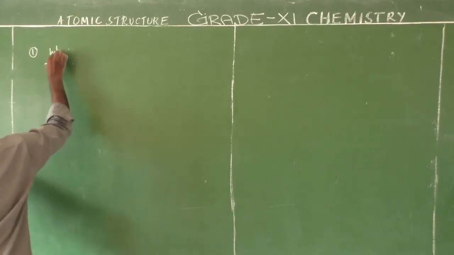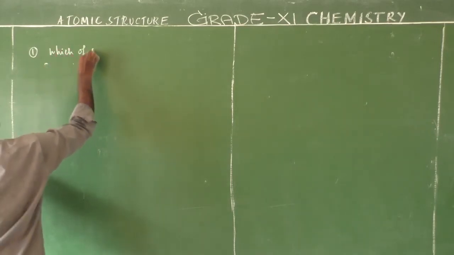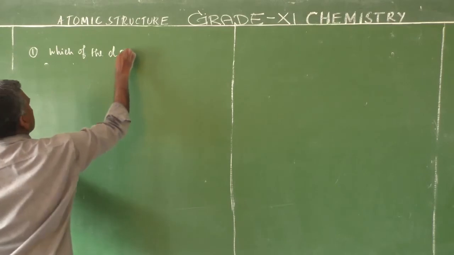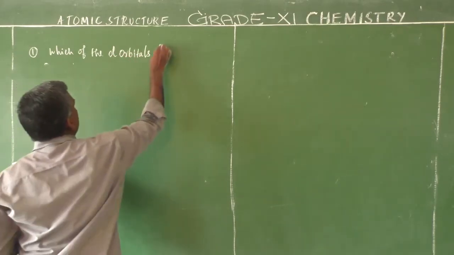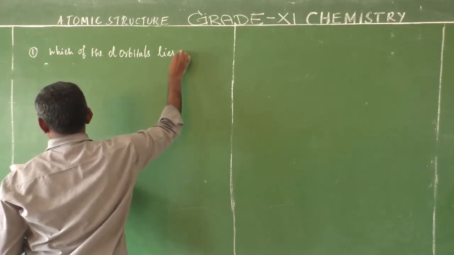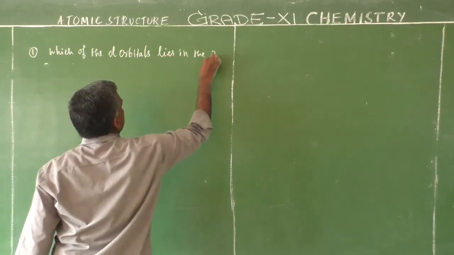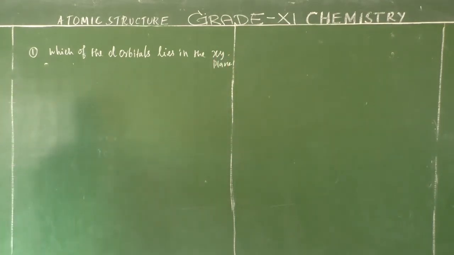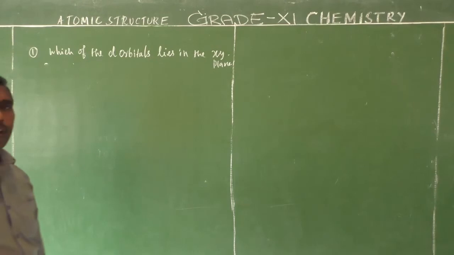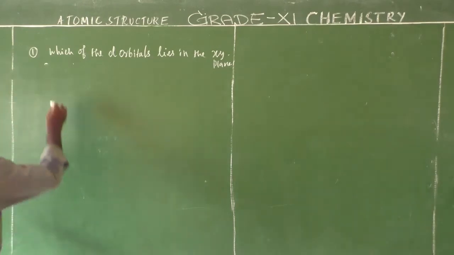Which of the d orbitals lies in the xy plane? The orbital present along the axis, not in between the axes.